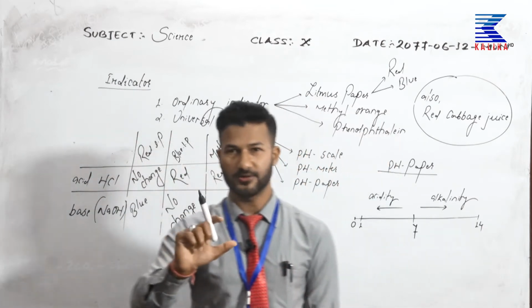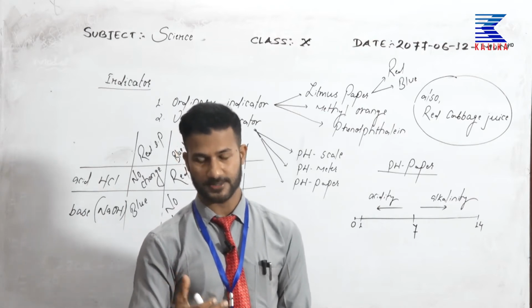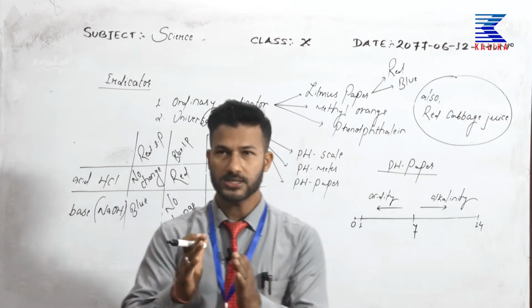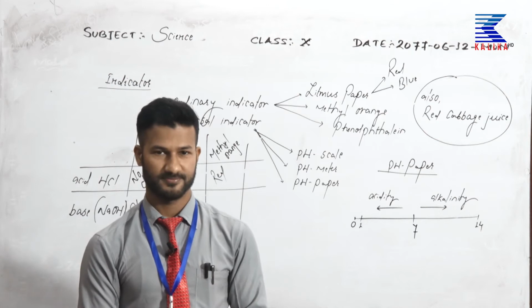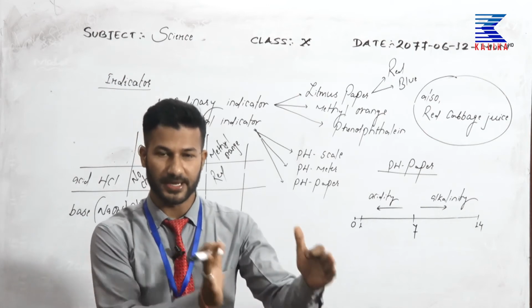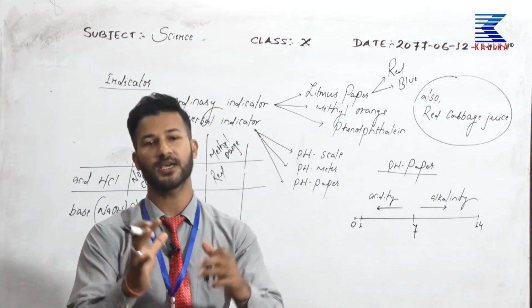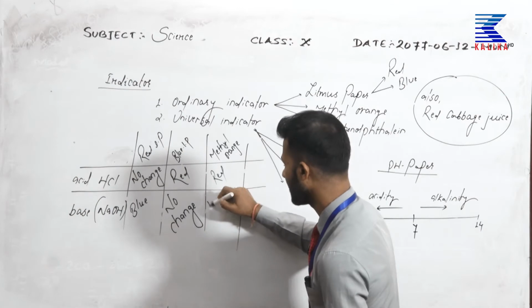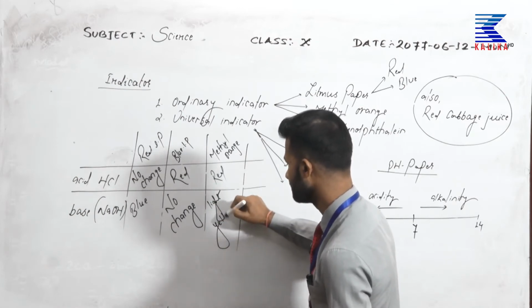Methyl orange, I said, is originally an orange color substance, but when it is treated with base, its color changes to a typical yellow color. That may vary from light yellow to dark yellow, but typical yellow color it becomes. So this also helps you to find out the base.